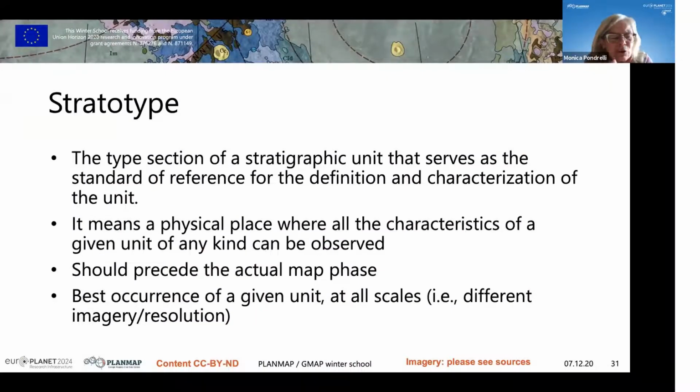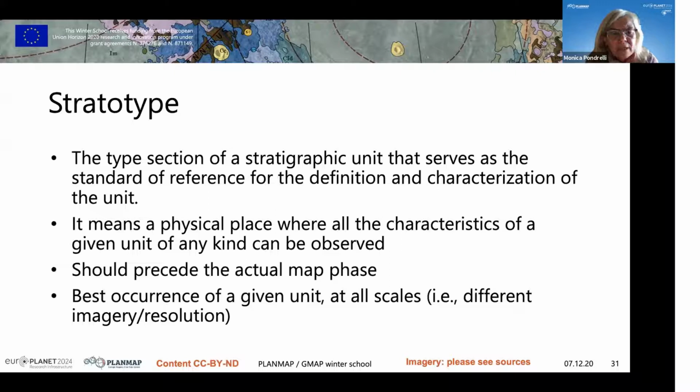Whatever kind of map we are approaching, a good thing to do is to start with a stratotype. Stratotypes on Earth are formally defined, and there is a long story of preparing, realizing and describing a stratotype. But basically, it means something very simple.